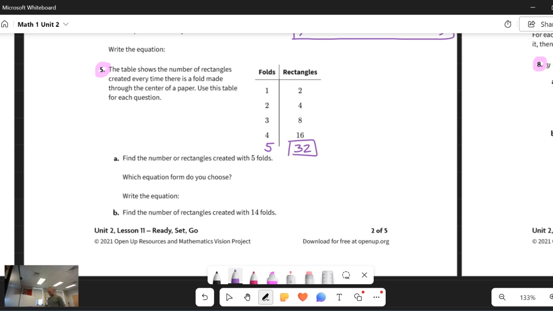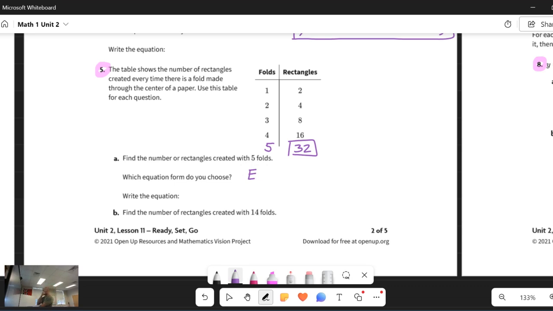Which equation form do you choose? In this case, we know that since we're doubling every time, it's going to be an exponential. So we know that we're going to have to choose either recursive or explicit. In this case, we are going to choose our explicit.